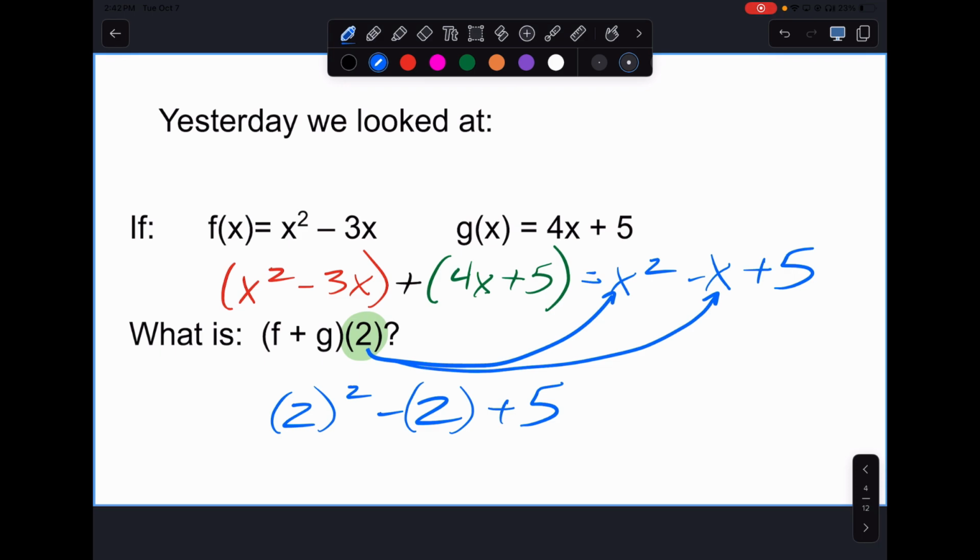So 2 squared is 4, minus 2 is 2, plus 5 is 7. This combined function when x is 2 equals 7.